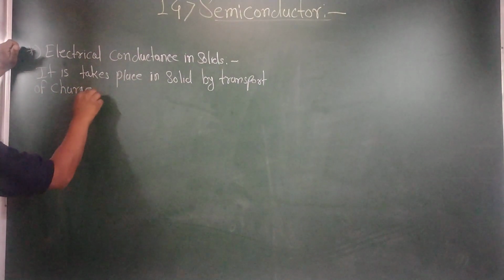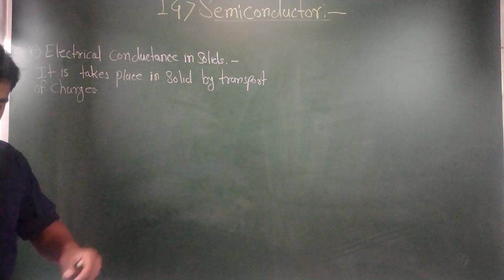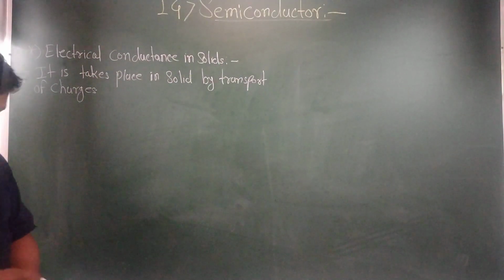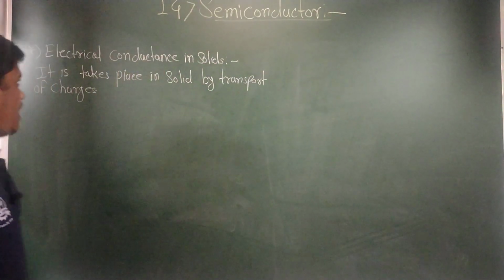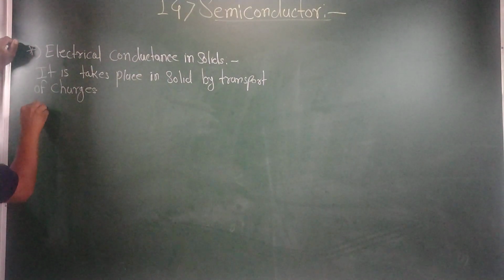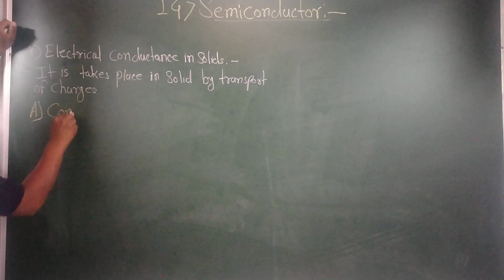It may be negative charges, that is electrons, or holes. They can be transferred; it is due to the transfer of the charges. Then let's start discussing the types one by one. The first type, type A, is conductors.